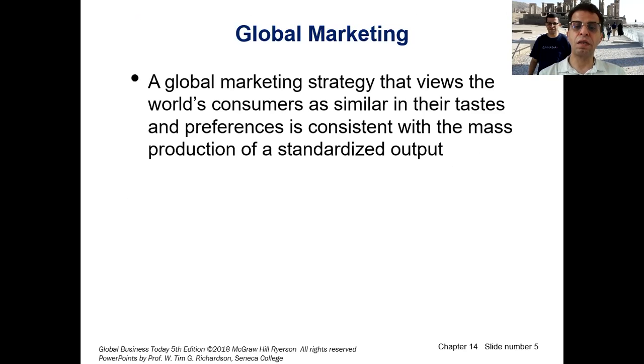Now, in global marketing, a strategy that views world consumers as similar in their taste and preference is consistent with the mass production of standardized output. So they say everybody likes the cheeseburger of McDonald's, so they produce the same cheeseburger everywhere in the world.